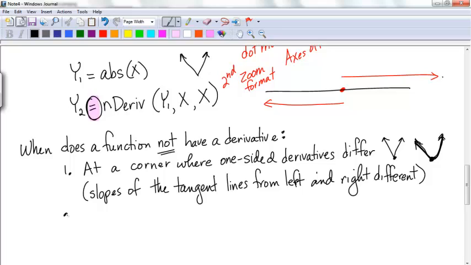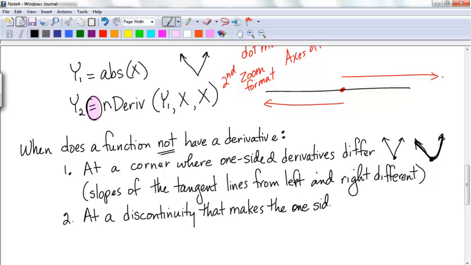Second place is at a discontinuity that makes the one-sided derivatives infinite.